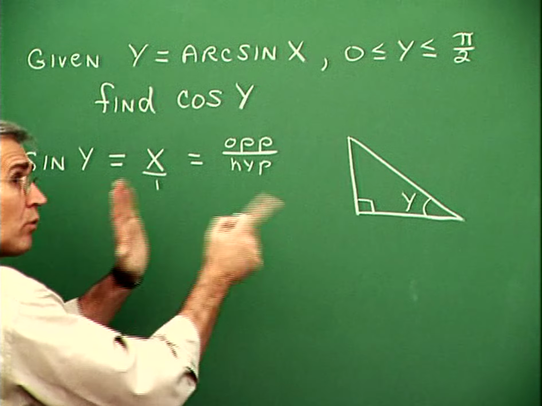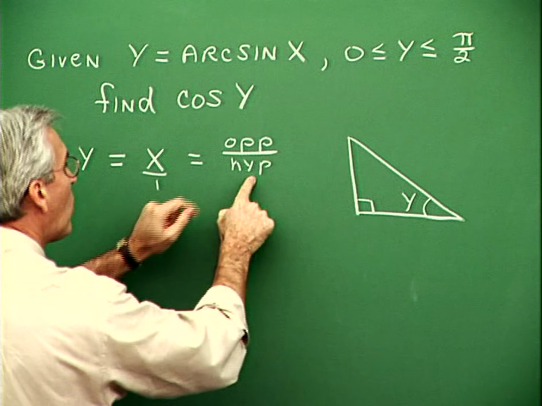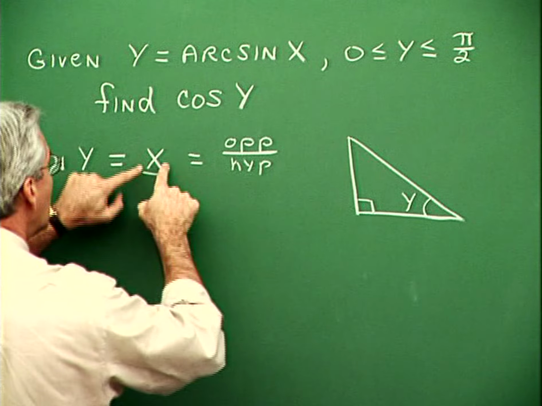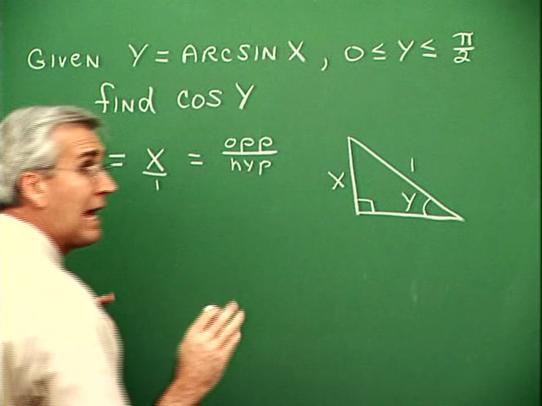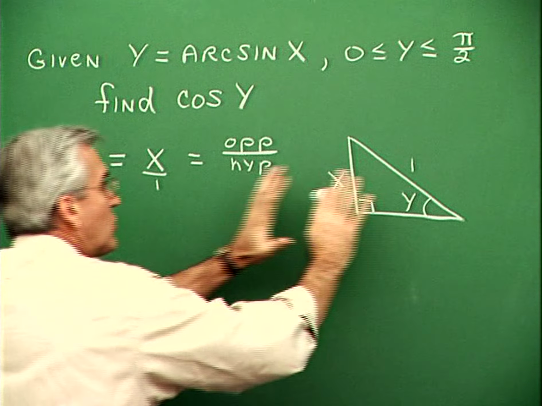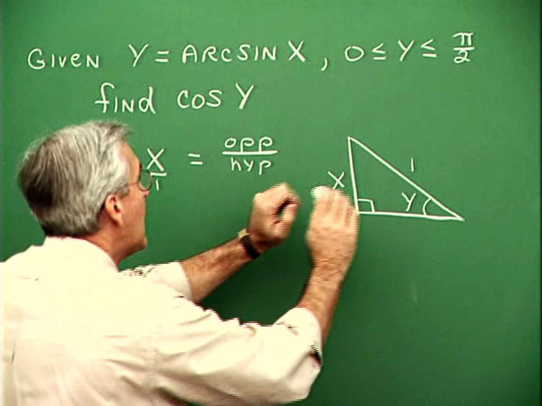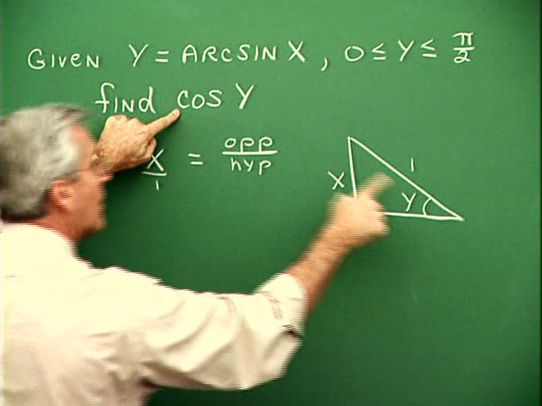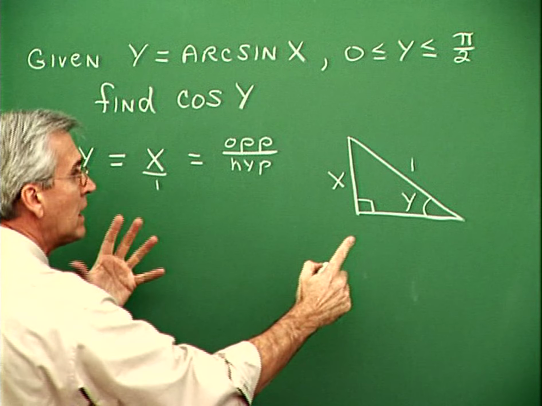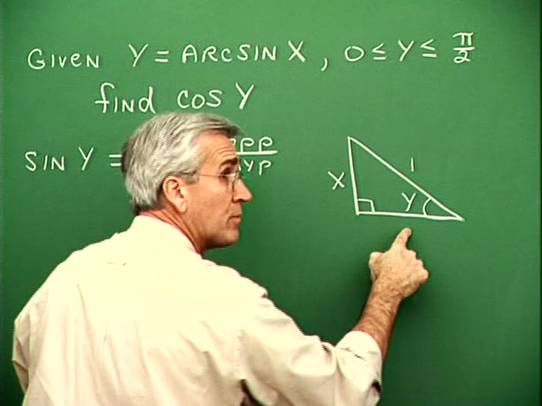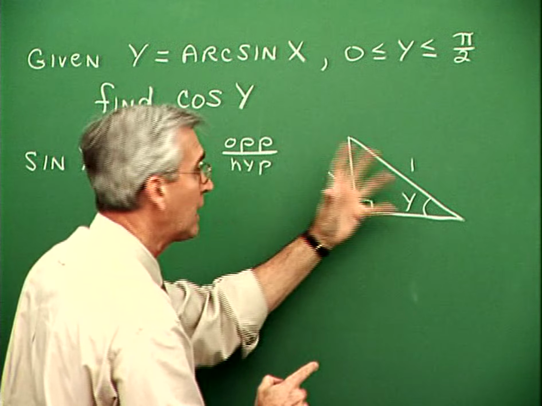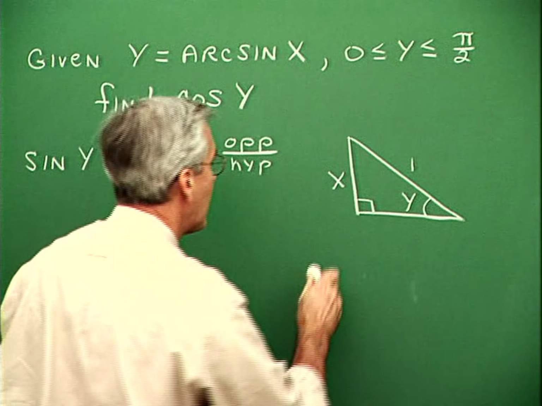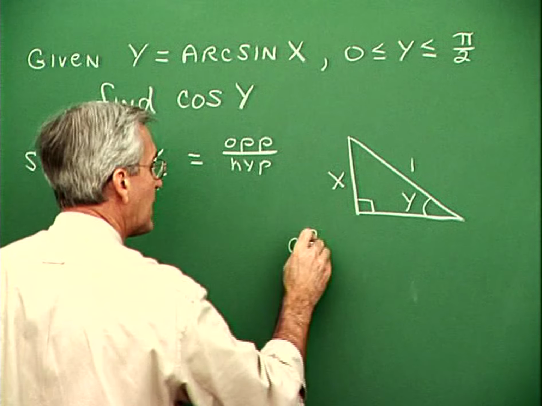And if we're thinking ratio here, opposite over hypotenuse would mean x over 1. And now we're thinking about, all right, here's our triangle, and we want the cosine of that angle. Well, cosine is adjacent over hypotenuse, but what is this? We can find this if we know two sides of a right triangle. We can certainly find the third, and we do that using the Pythagorean relationship.